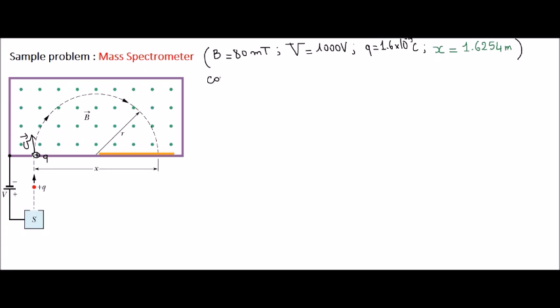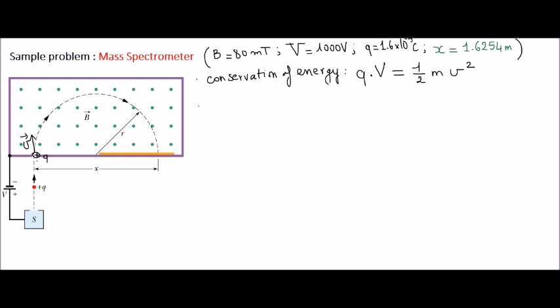So with conservation of energy, you can write that the potential energy, qV, will be converted into kinetic energy, half mv squared. And here we get the relationship between the voltage, the charge, the mass that we are looking for, and the speed.